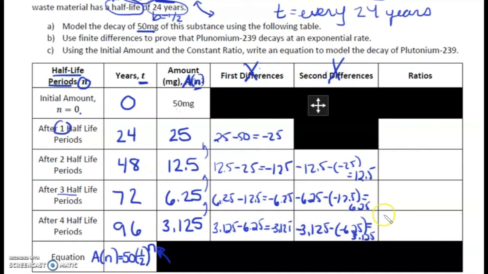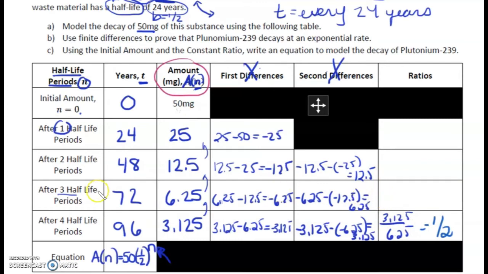Let's try the ratios. Remember, the ratios were going up the y column still. We're actually going to get a half. How convenient. Actually, let's do this in purple.